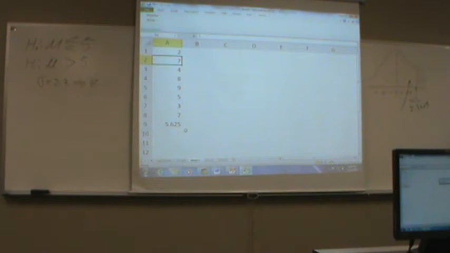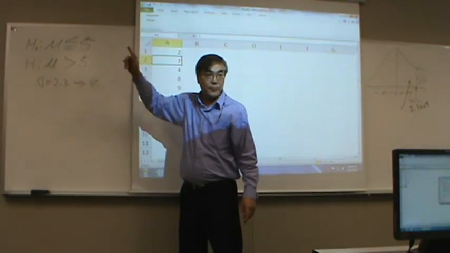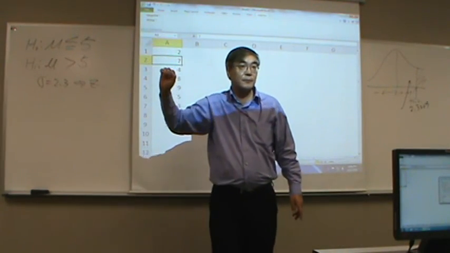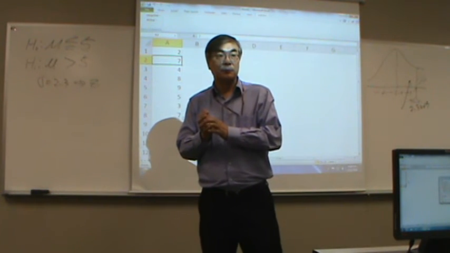Okay, which one do you want me to go over? Number 3. The null hypothesis, we haven't got all of that yet. The alternative hypothesis is more than 5. So the one you would choose is more than 5?